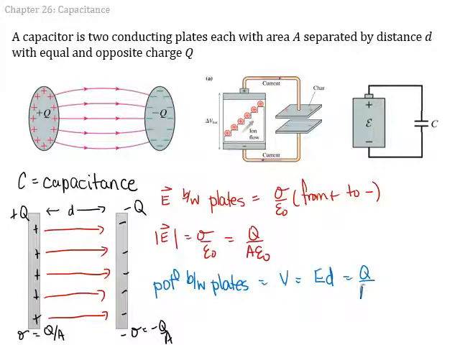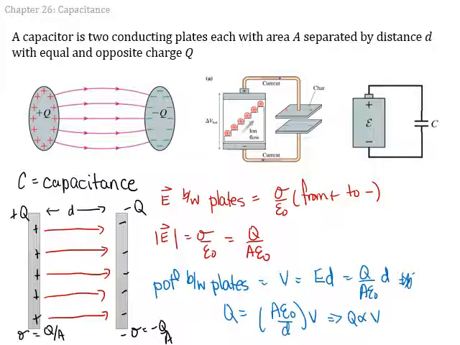That's Q over A epsilon naught, and this is times D. So our charge Q is equal to A times epsilon naught divided by D times the potential V. This shows us that our charge on either plate is proportional to the potential across the plate, and the capacitance C is the constant of proportionality.